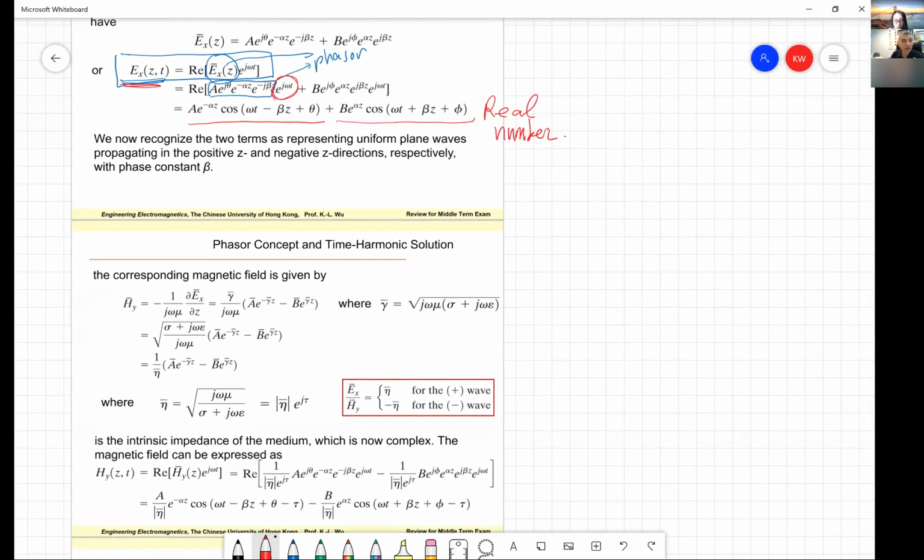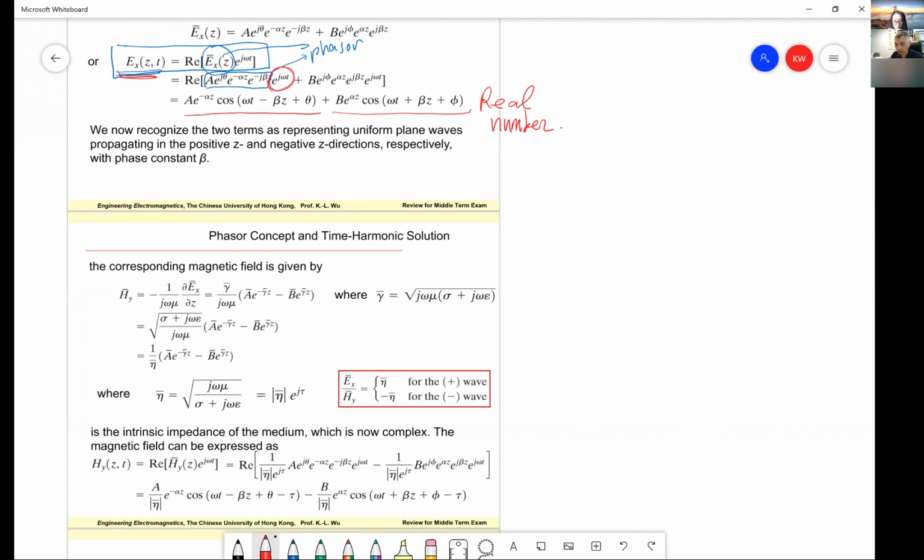I'd like to draw special attention to this, because we are dealing with phasors. In phasors, when we deal with lossy media, where the conductivity is not zero, the wave impedance will also be a complex number.